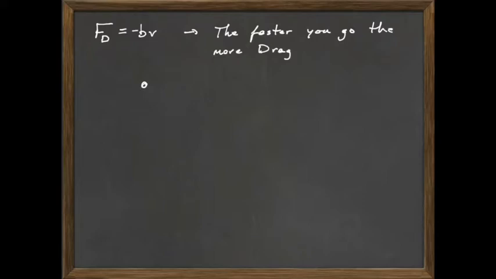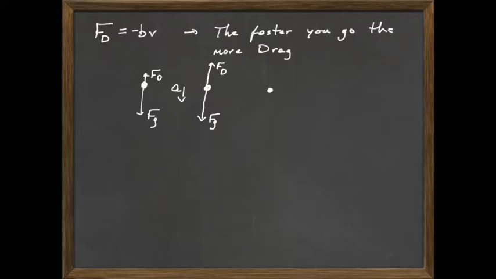Now we've already kind of said this, but here's the important part to grab from that. Eventually, something's going to happen. At first, I have a lot of gravity and almost no drag. Then over time, the gravitational force doesn't change, but I'm going faster because my net acceleration is down. So I'm going faster and faster and faster downwards. That means my drag force is getting larger and larger and larger.